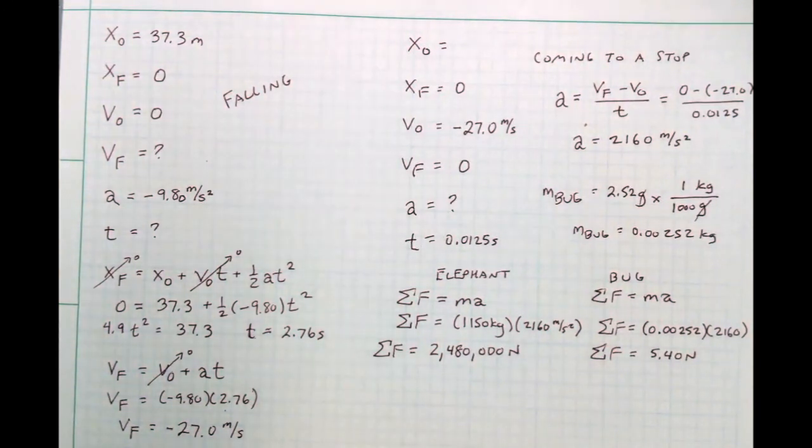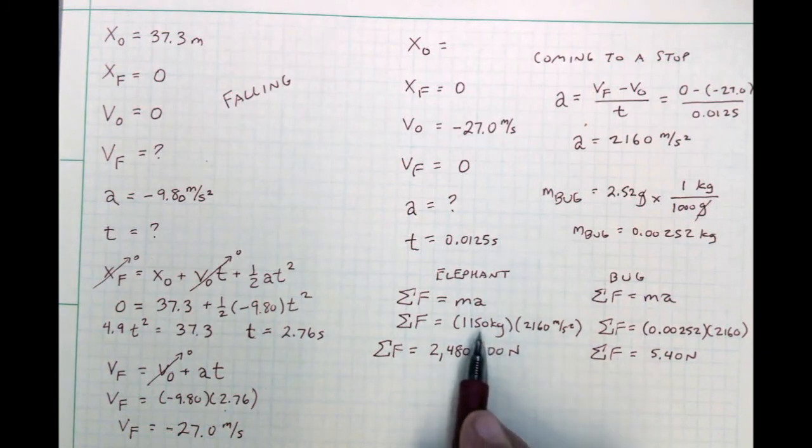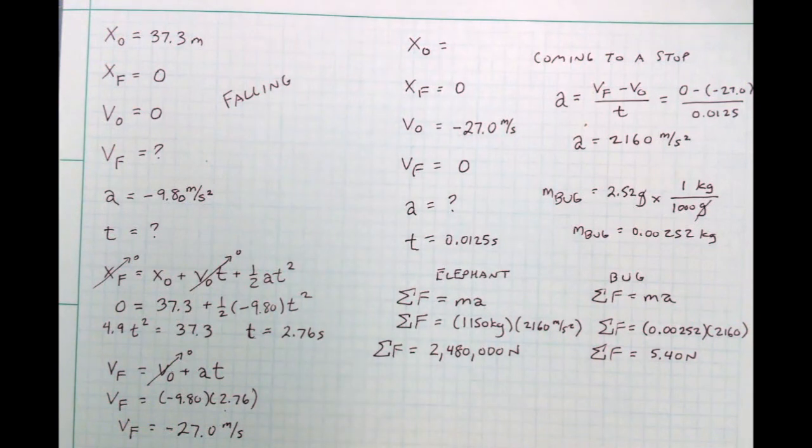Looking at these forces, we can see why the elephant is in so much danger. A newton is not a very large amount of force, but 2,480,000 newtons is a deadly amount of force. The elephant has a very high mass, and so it has a large amount of inertia. This means it's very difficult for the ground to bring the elephant to a stop.